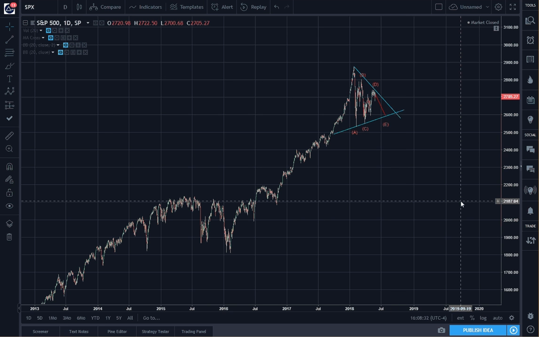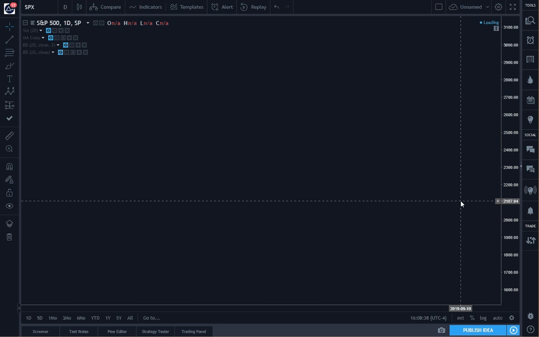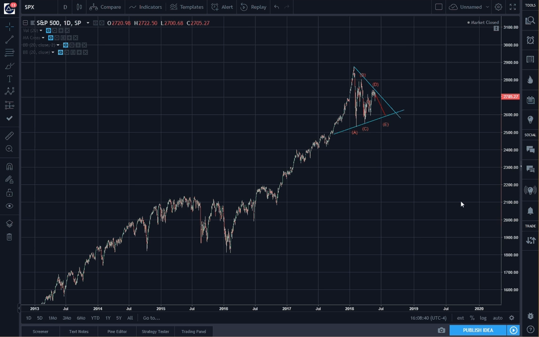Now, just because this pattern is a symmetrical triangle, it doesn't have to have A, B, C, D, E exactly like that. No. You have to give consideration, be aware of the D wave breakouts. That is, there is a potential for that.